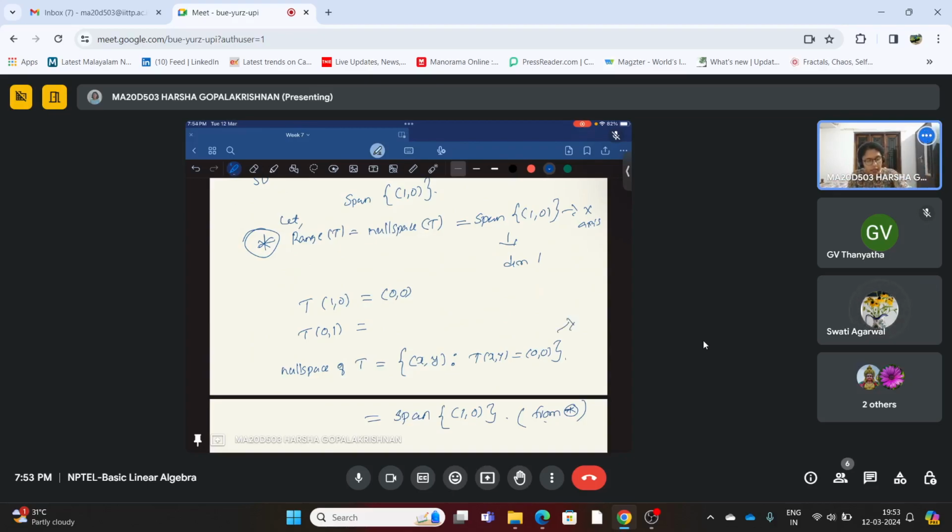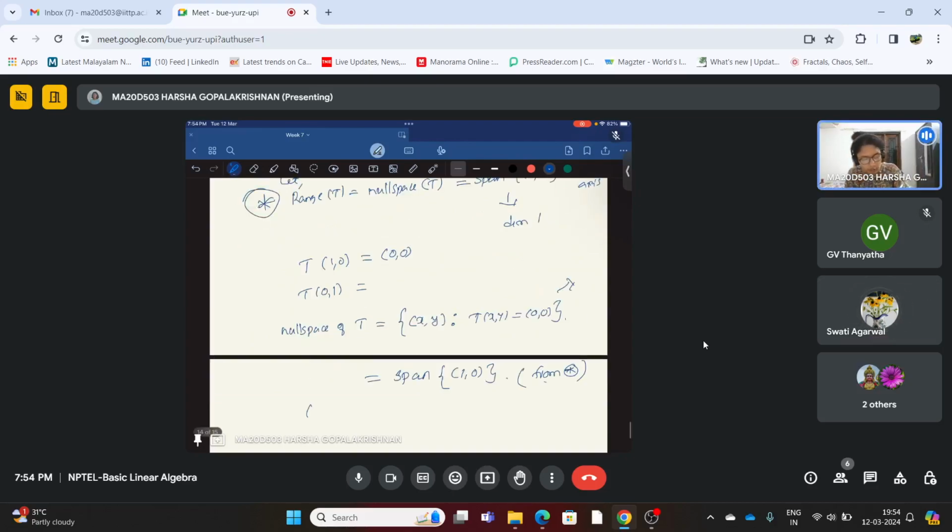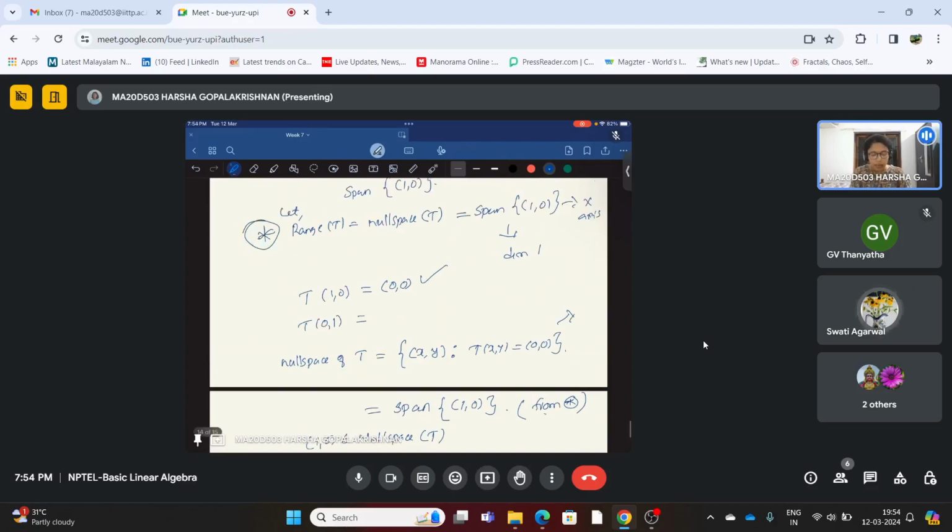The null space is the set of all elements which are mapped to 0 under T, so equivalently all elements in the null space are going to 0, correct? (1,0) belongs to the null space, any doubt in that? So what is T of (1,0)? It is (0,0), that is what I have written here. Now, can you say what should be T of (0,1)?